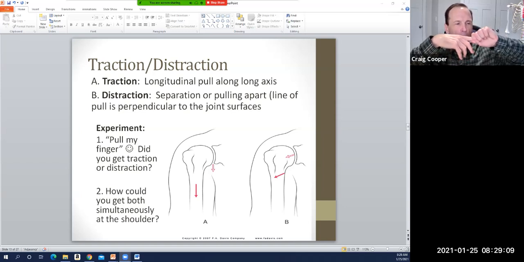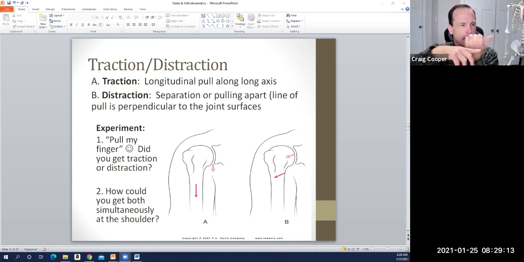When I pull my distal phalanx away from the proximal phalanges, I'm doing both traction and distraction. Traction is a pulling apart force in line with the bones themselves, longitudinally. Distraction is separating the joint surfaces.